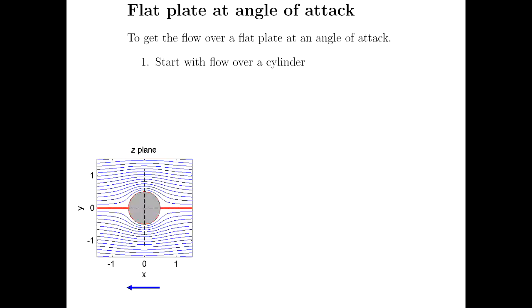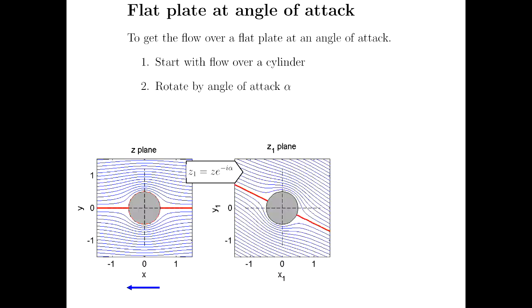Let me give you an example. Let's say we have a flow over a cylinder, and I want to have an angle of attack. So my first transformation is to rotate the flow by some angle alpha.